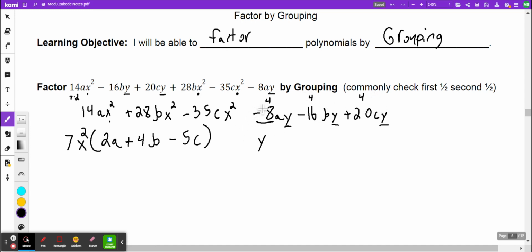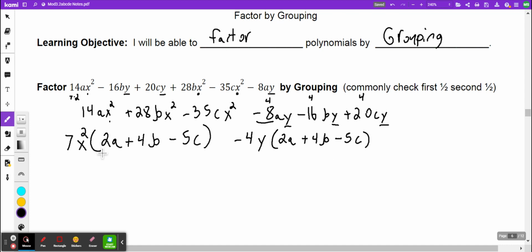But since the first one is negative, I'm going to pull out a negative 4. Now I should get negative 4 times 2a plus, because a negative times a positive gives a negative, 4b. And then right here, a negative times a negative would equal positive 20. So I should get 2a plus 4b minus 5c.